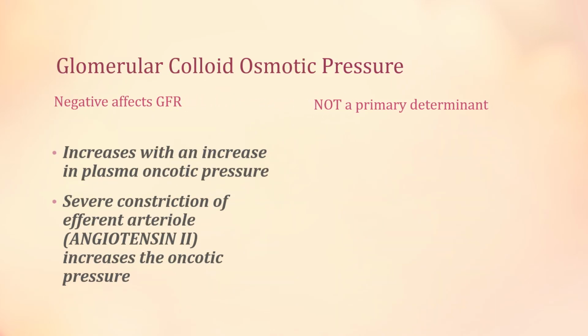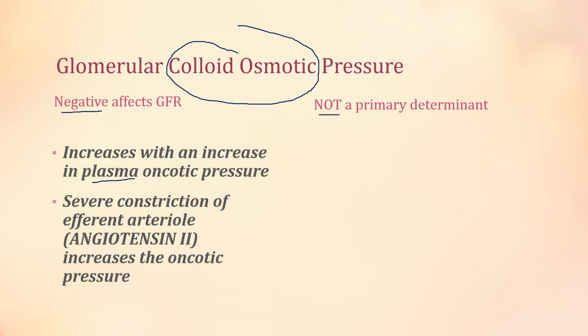The colloid osmotic pressure in the glomerular capillaries. Again, it is a negative pressure. Colloid osmotic pressure is due to the plasma proteins. It is a negative one. It opposes filtration. Negative means it opposes filtration, and it is not a primary determinant of GFR.